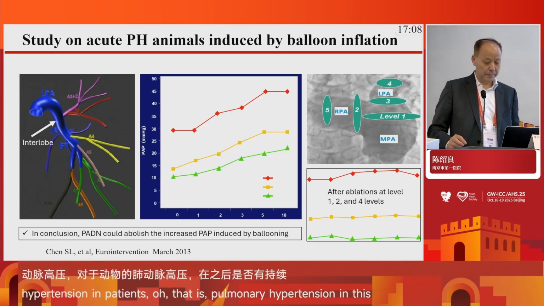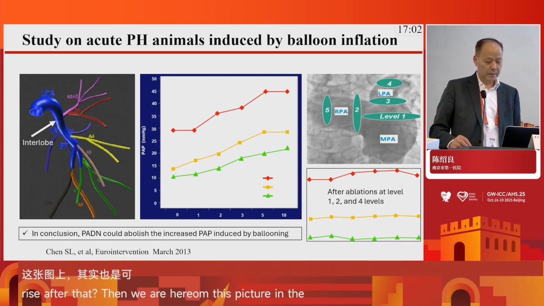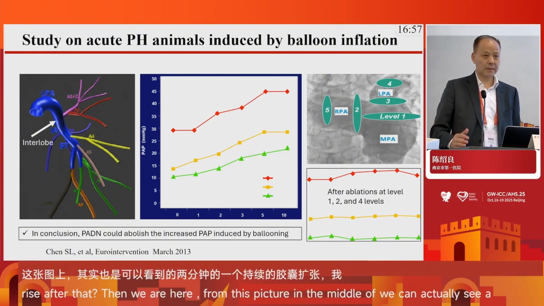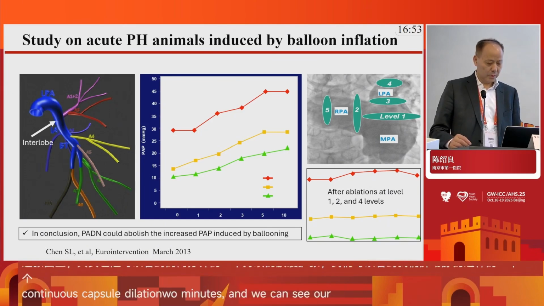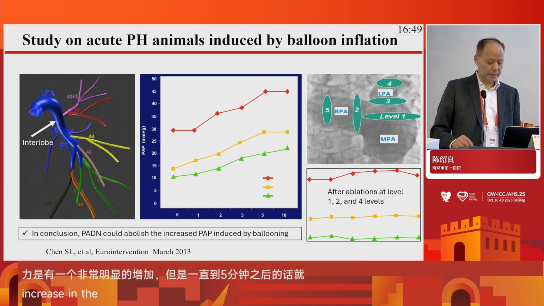From the middle panel, you can see that with 2 minutes of continuous occlusion by the coronary balloon, the PA pressure increased very much, but until 5 minutes there was no second increase of the pressure. It means the increase of PA pressure is limited.